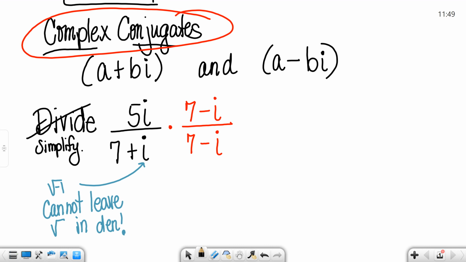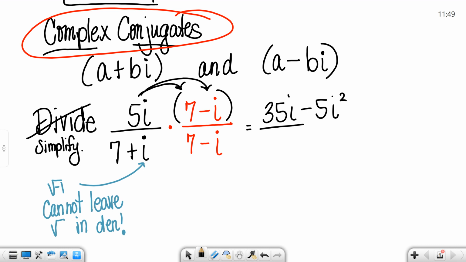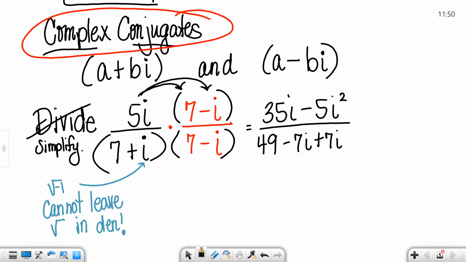Okay, now we're ready to multiply. So think of it like this. I'm going to distribute the 5i through those parentheses. So I get 35i minus 5i squared. And in the denominator, I must do FOIL. So 49 minus 7i plus 7i minus i squared.